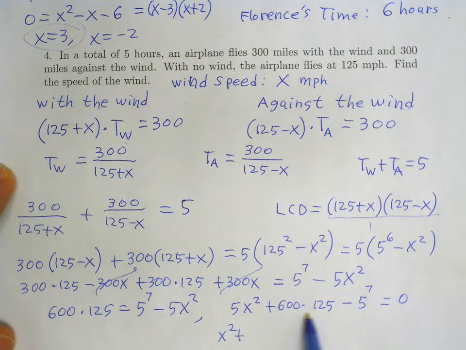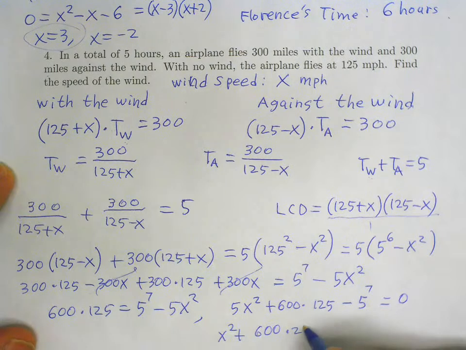When you divide this by 5, make sure that you only take a factor of 5 out of one of those. So I'm going to take a factor of 5 out of 125. So when I divide 600 times 125 by 5, I'm just going to get plus 600 times 25. And I also have to divide 5 to the seventh by 5, so this just becomes minus 5 to the sixth.